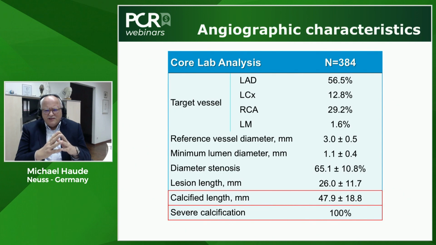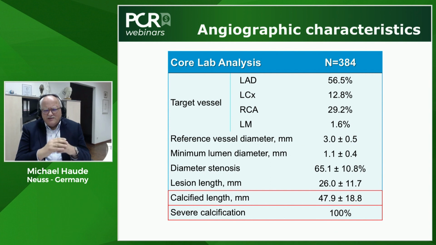You can see that the average length of the calcified segment was 47, almost 48 millimeters. So this is excessively long. The lesion that was treated had an average length of 26 millimeters. So that was diffuse disease. It was not so much focal as we have shown with our two examples. So much more diffusely calcified lesions.